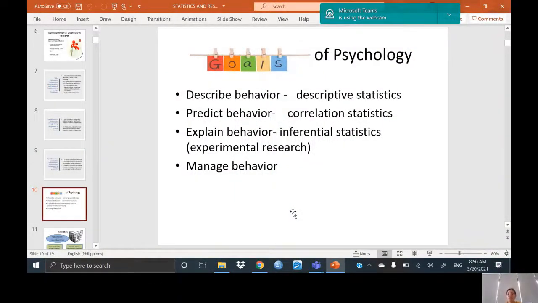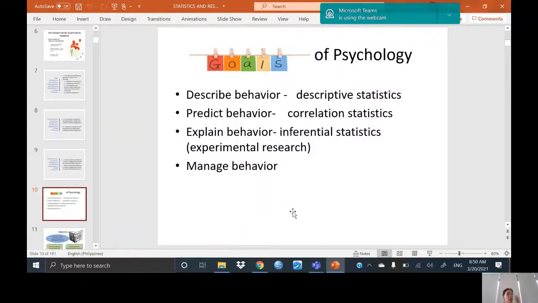You are a psychology major, right? If you would remember from your subject in general psychology, I guess you readily know that there are 4 major goals of psychology: first, to describe behavior, to predict behavior, to explain behavior, and then to manage behavior.